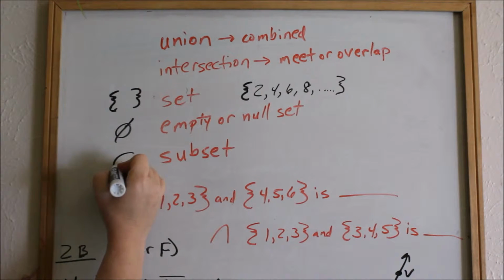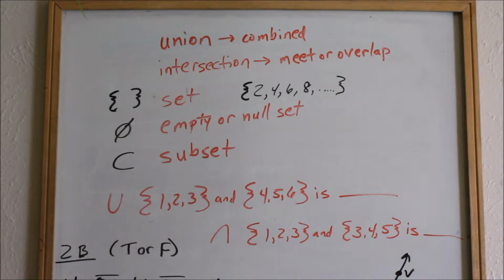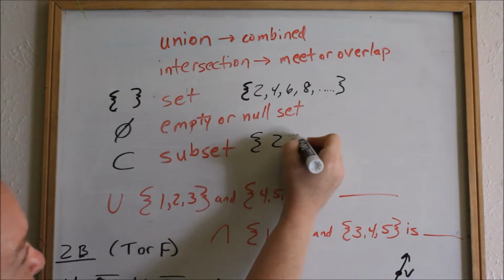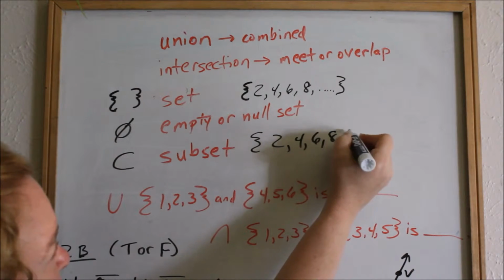Subset is a sideways looking U. So let's say I have a set of numbers 2, 4, 6, 8, 10.